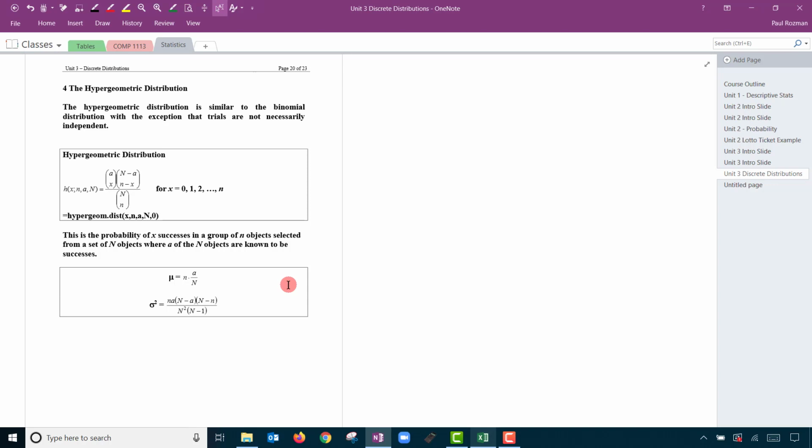When I start drawing cards out of a deck, you might think that trying to predict the color of the card would be a binomial situation. I take the first card out of the deck, it's either red or it's black. But then when I pick the second card out of the deck, it depends on what happened on the first card.